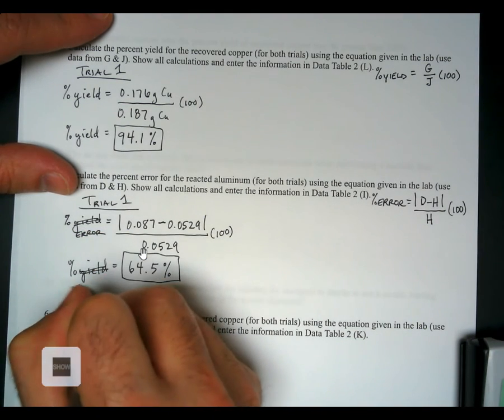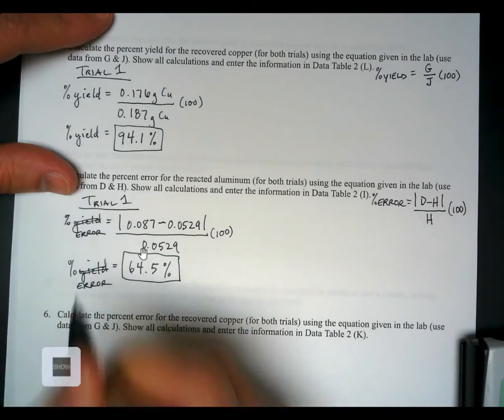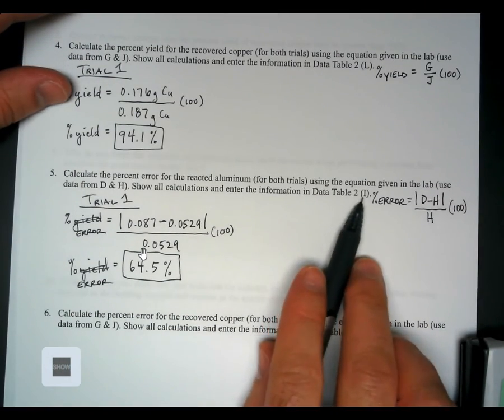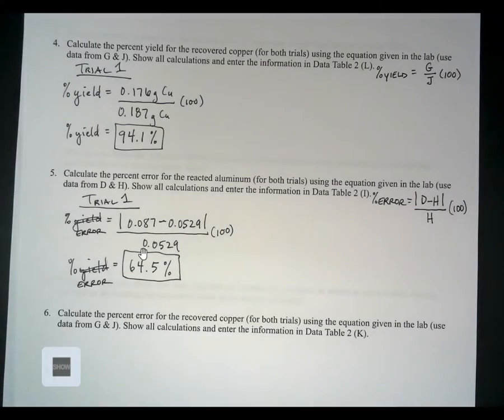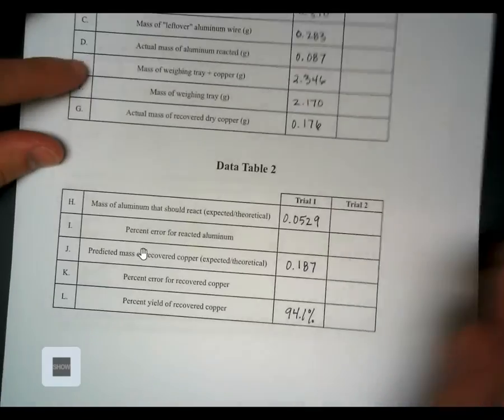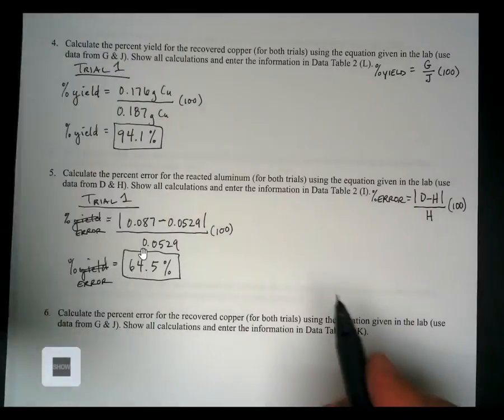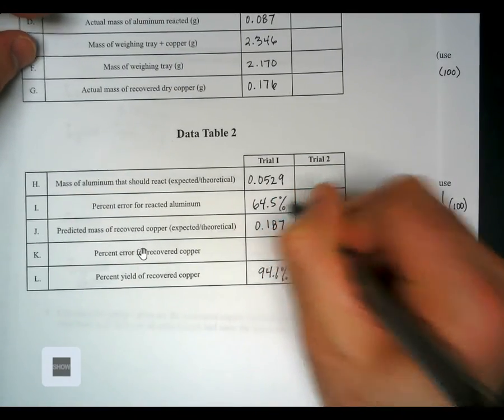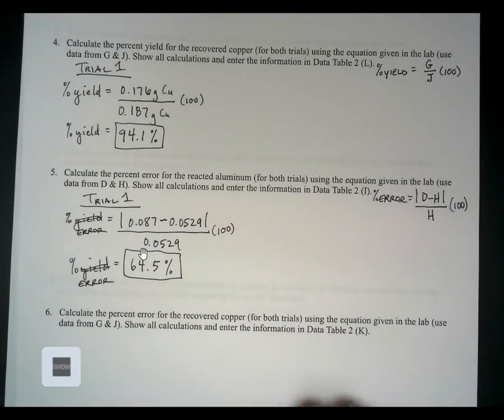Okay. So that's going to go in our data table 2 in spot I. Spot I is the second one down, percent error for the reacted aluminum. So the data I have is 64.5. Okay, so that's going to go here.